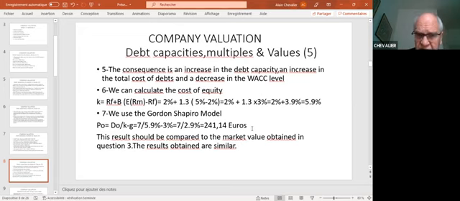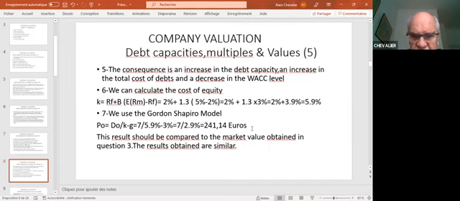And at the end, you find this price, which is 241, or if you prefer, 241 euros and 14 cents.